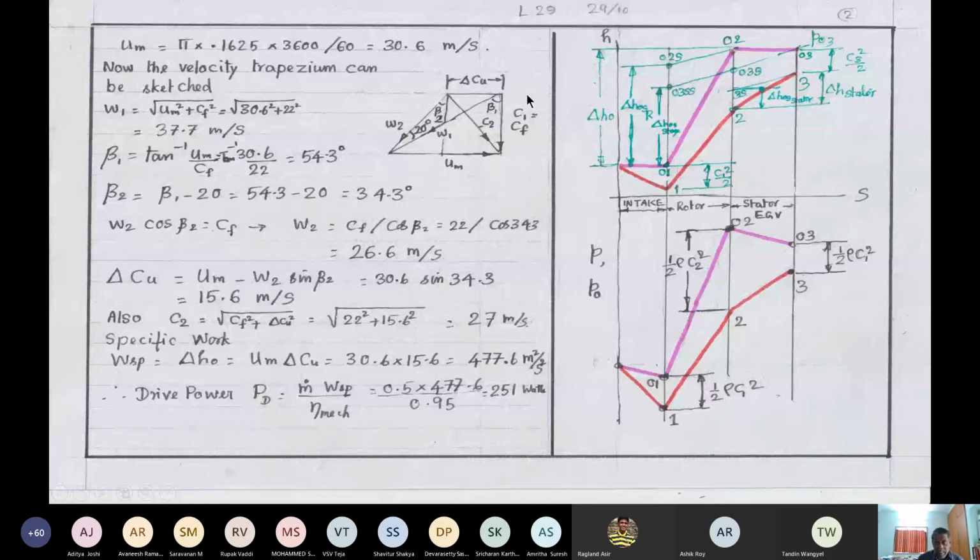So that means I can construct the inlet velocity triangle, C1 and Um perpendicular to that. Both the dimensions are known. I can construct that triangle. Now I can calculate W1, the relative velocity at inlet, and I can calculate the angle beta.